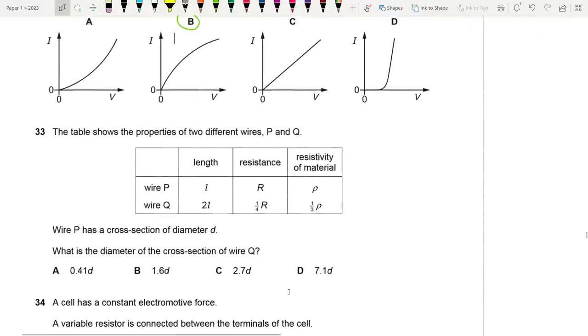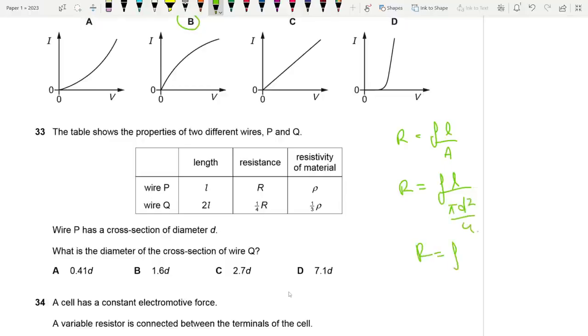The table shows the properties of two different wires. Wire P has a cross section of diameter D. What is the diameter of the cross section of wire Q? Okay, so we know that R is equal to rho L by A, or R is equal to rho L by pi D square by 4.